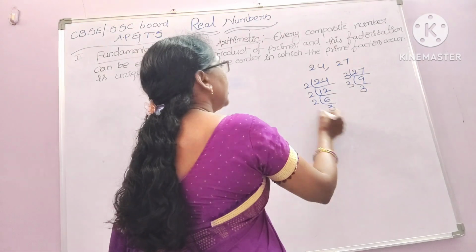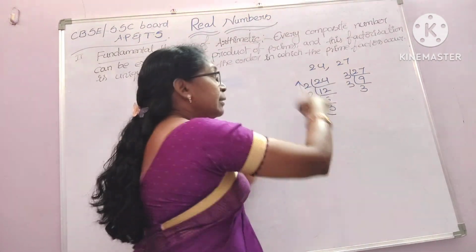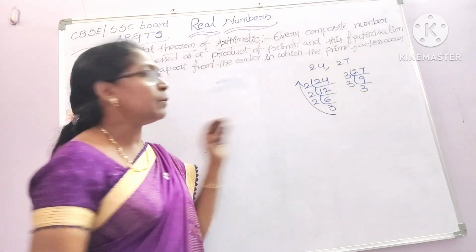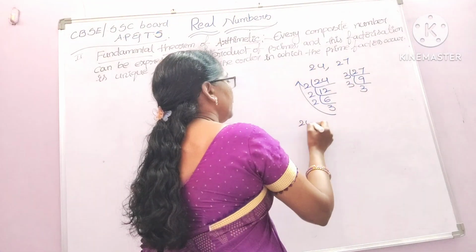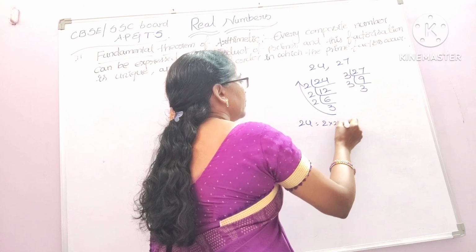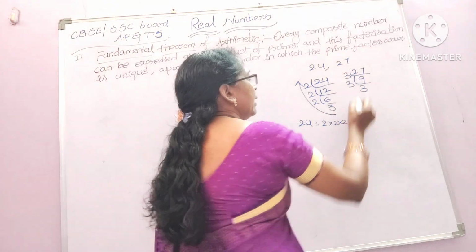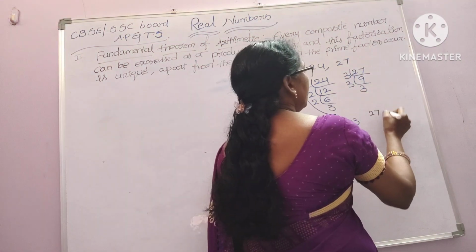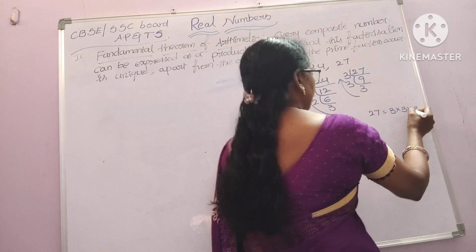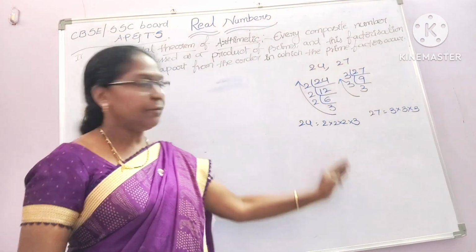So what are the prime factors of 24? These are also prime factors, meaning only prime numbers. So 24 equals 2 into 2 into 2 into 3. Again 27 equals 3 into 3 into 3. These are the factors.